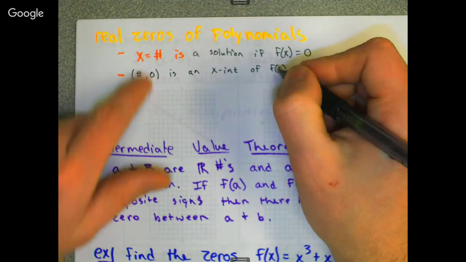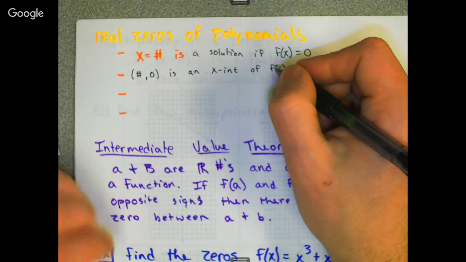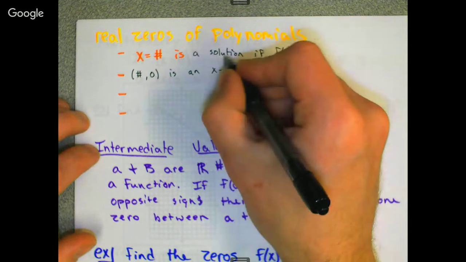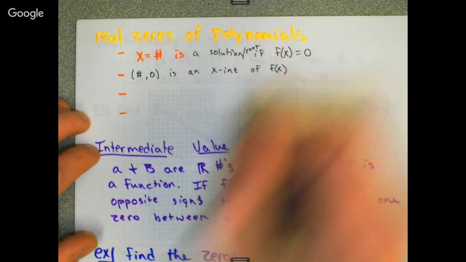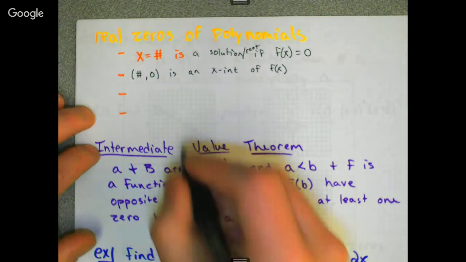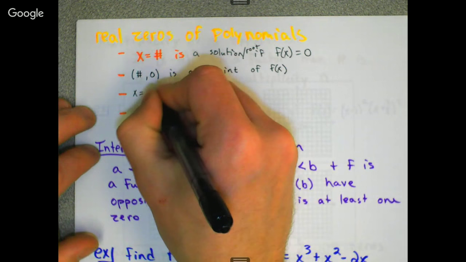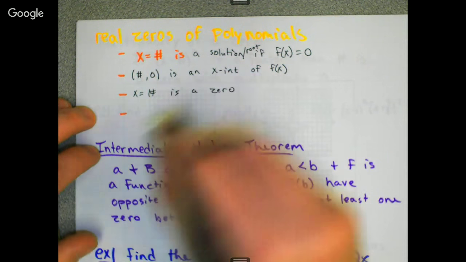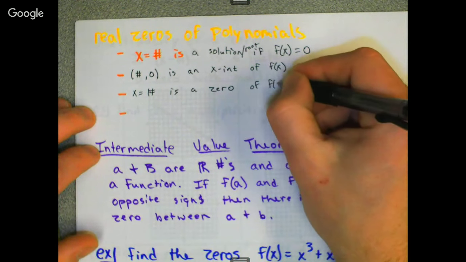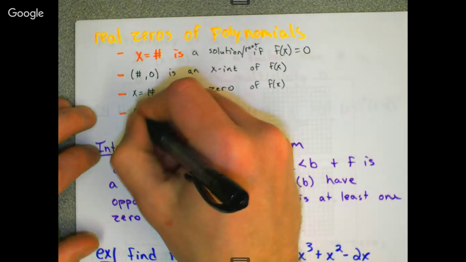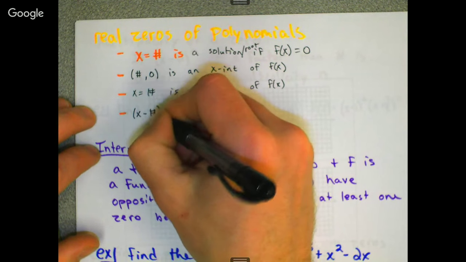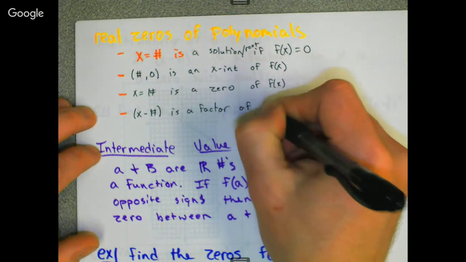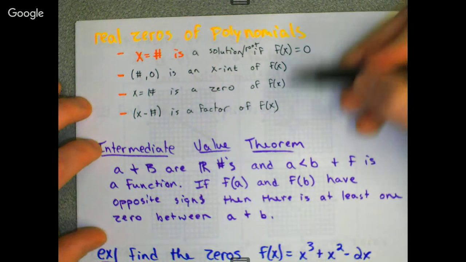So that's where this number up here is where it crosses the x-axis. And we can also say solution or root up there. We say x equals our number is a zero of f of x. And then x minus our number is a factor of f of x. Okay, so all of these things are talking about the same thing.